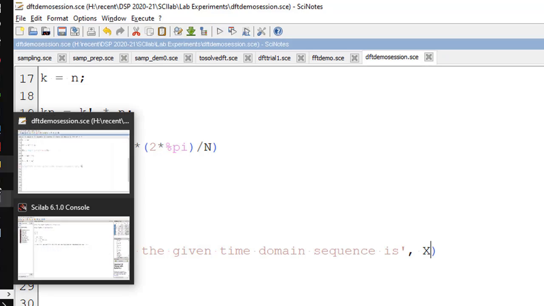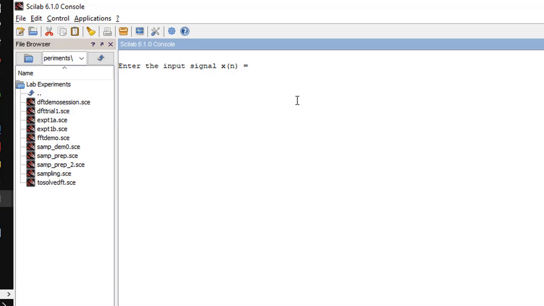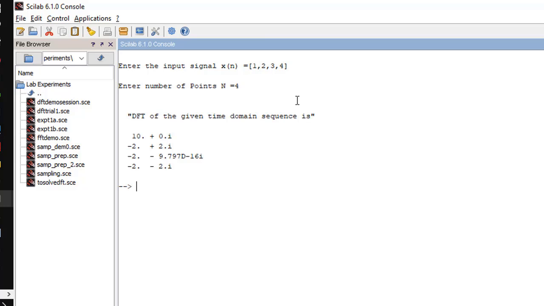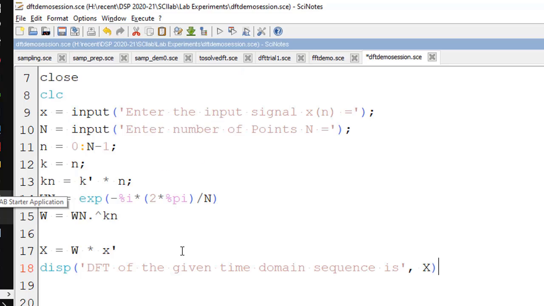Go back to the console window. I give 1, 2, 3, 4. Number of points is 4. So this is what I am getting: DFT of the given time domain sequence is 10, minus 2 plus 2j, minus 2, minus 2 minus 2j.